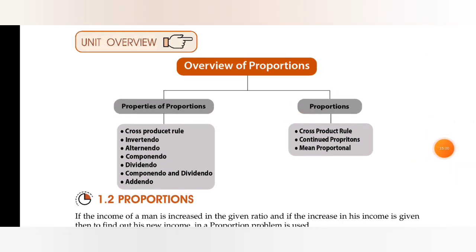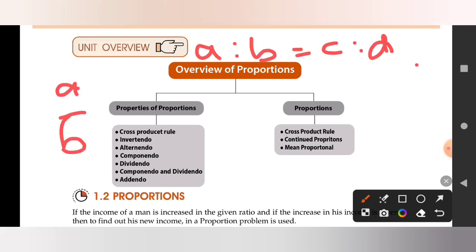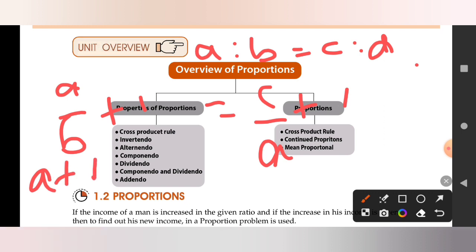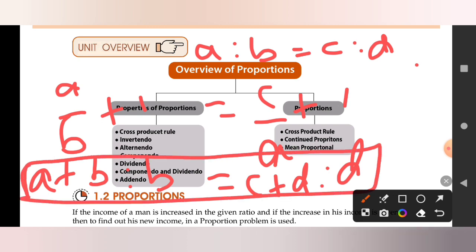That is alternando. Correct? So what is componendo? You will remember it by adding 1 to both sides. A is to B is equal to C is to D, already given. So A by B plus 1 is equal to C by D plus 1, and simplify it. So you get A plus B is to B is equal to C plus D is to D. This is known as componendo. So similarly, let me see.